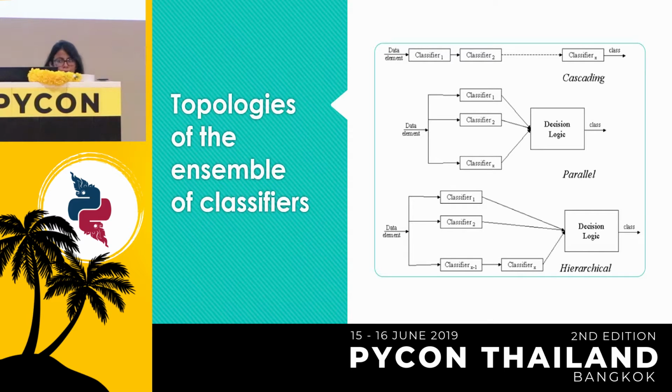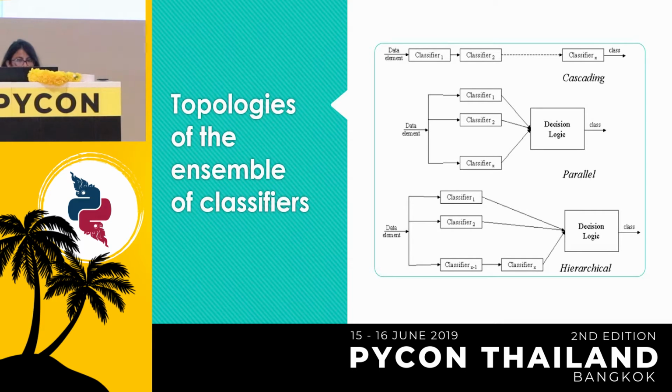One of these is cascading, parallel, and hierarchical topologies. And for the cascading topologies, it's just one model after another. So the output of the first model will be the input of the second model, and so on.